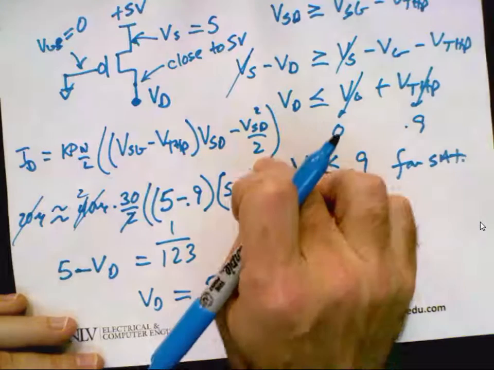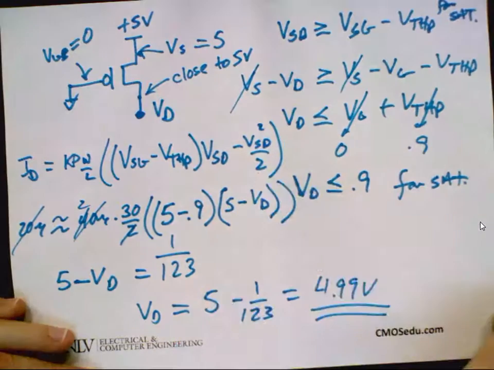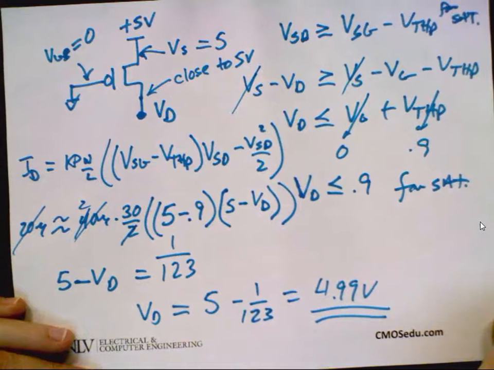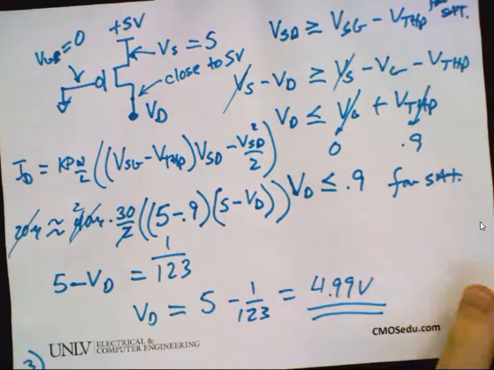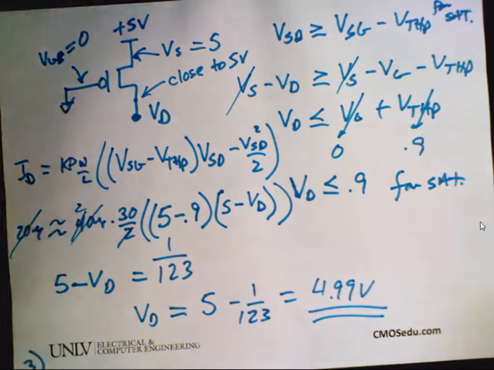But if quadratic equations don't frighten you, then you can just do the quadratic. Okay, how do you derive the quadratic equation? Complete the square. All right, little tidbits of knowledge there.